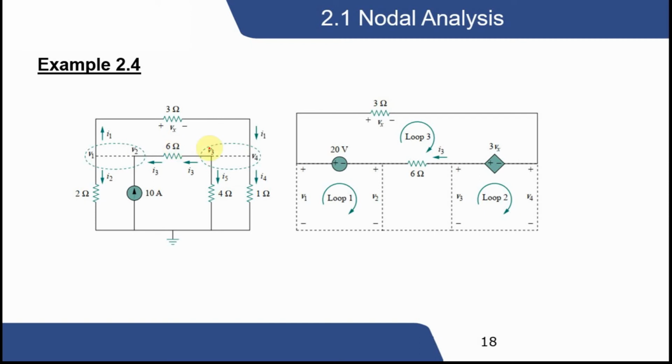V3 minus V2 divided by 6 is I3. I1 is moving from here, so V1 minus V4 divided by 3. This one is V3 minus 0 divided by 4. V4 minus 0 divided by 1, because minus 0 has no impact. This is the way we can put the values according to the equation.